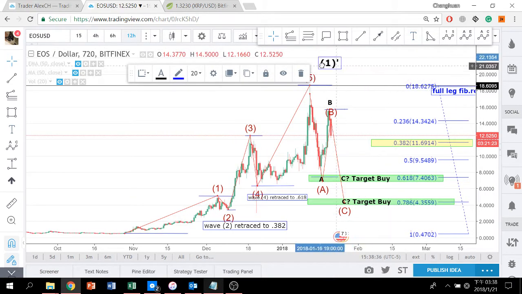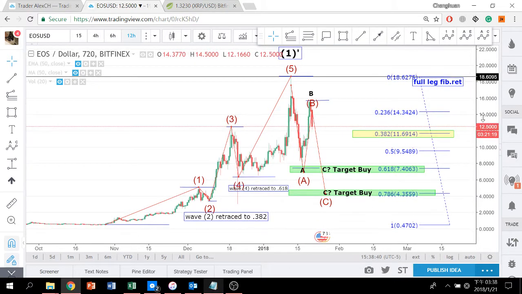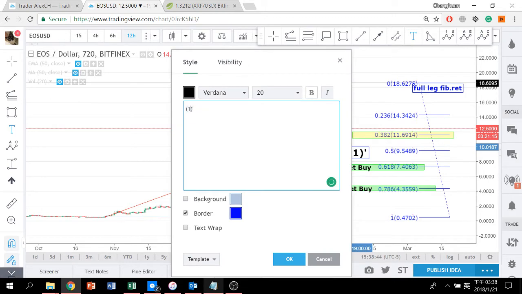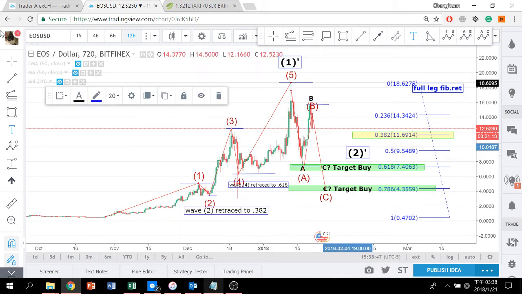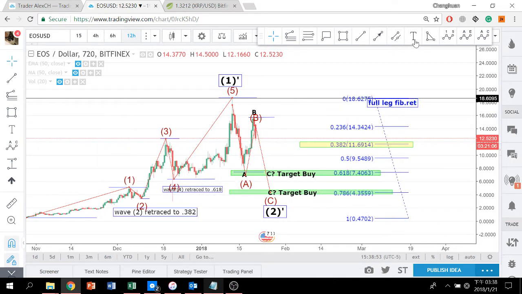This 5 waves can make a giant wave like wave 1, and the ABC corrective pattern would make wave 2. So now we're trying to find an opportunity to long for wave 3.